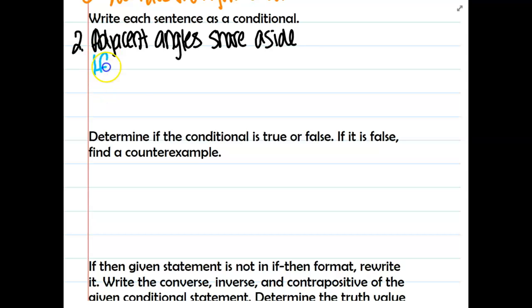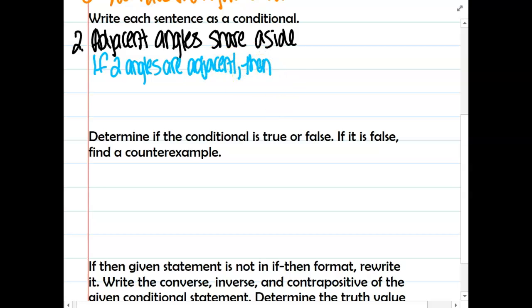So I would say if two angles are adjacent, then what is my sentence telling me? Yeah, then they share a side. So you kind of have to hunt around just a little bit, pick out the first part. This has to be true before I can even talk about the second part. Okay? If two angles are adjacent, then they share a side.